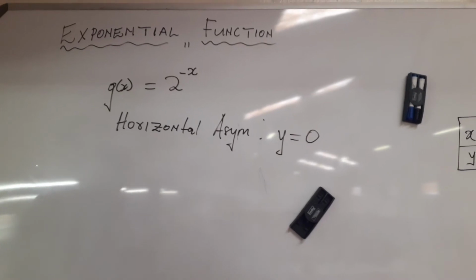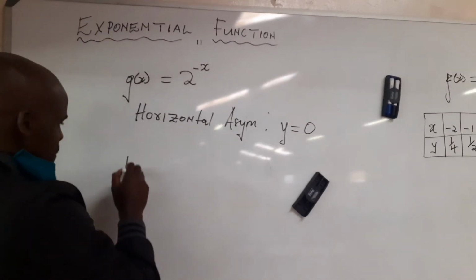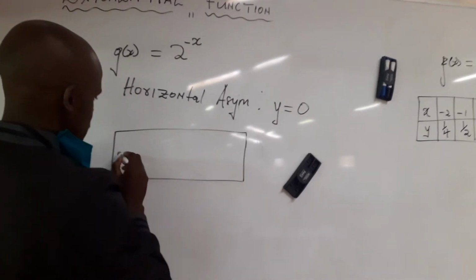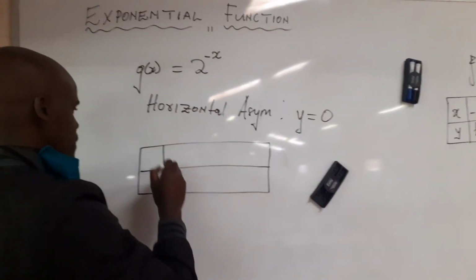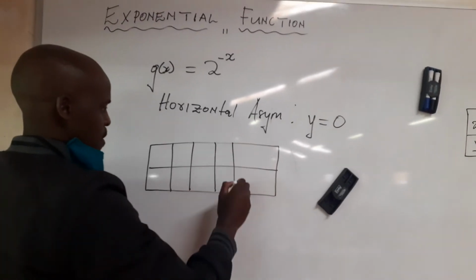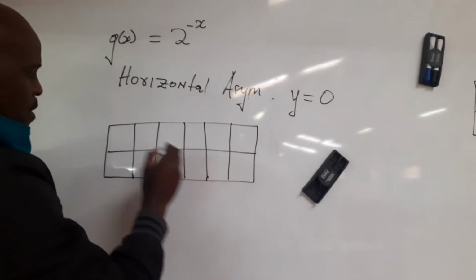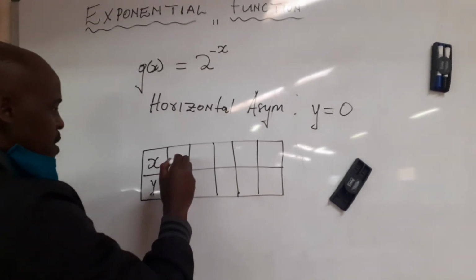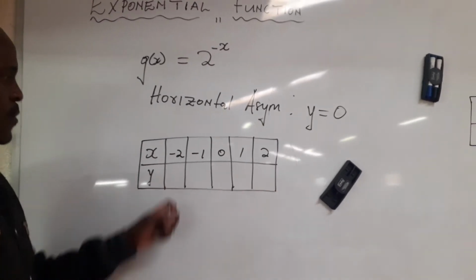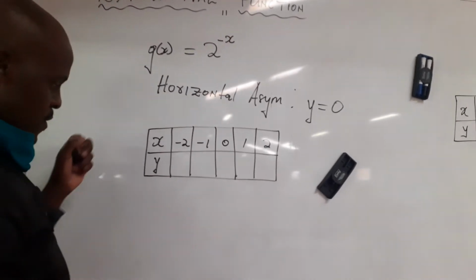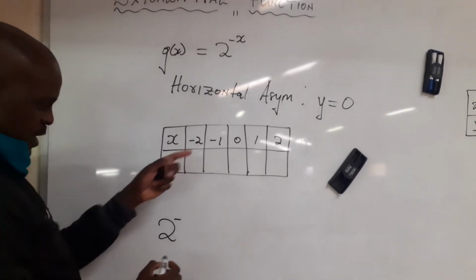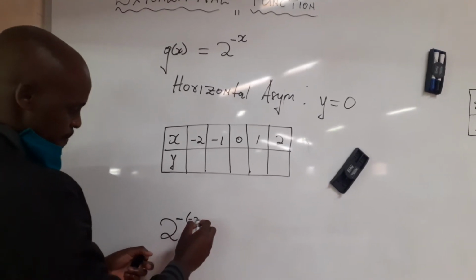Right. Let's sketch this graph. And then we've got x here: negative 2, negative 1, 0, 1, 2. Putting negative 2 there, we are going to have 2 exponent minus, in the place of x, we put negative 2.